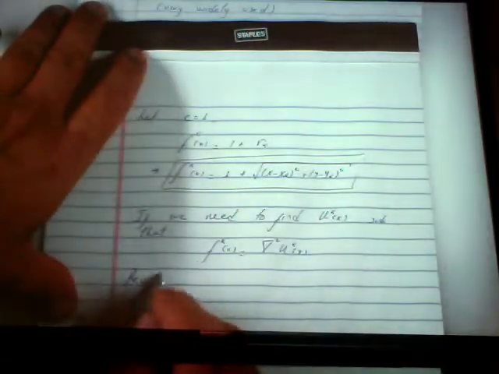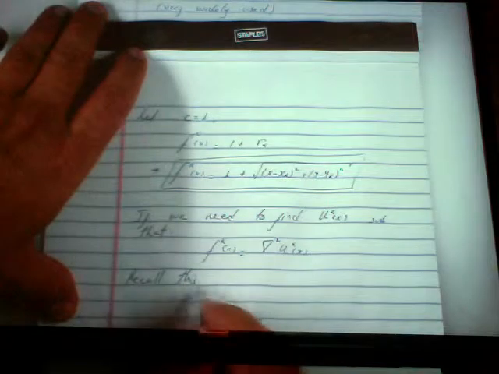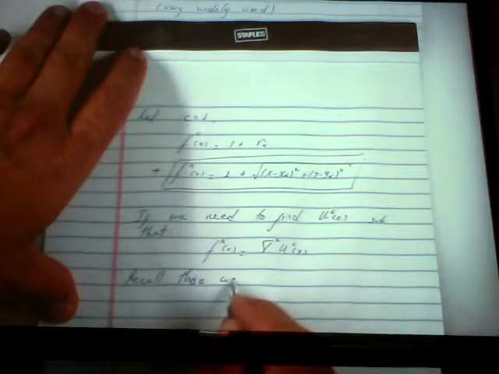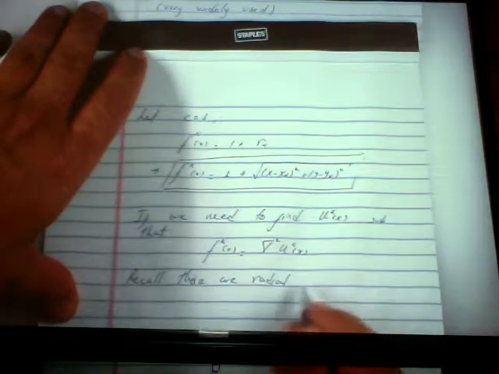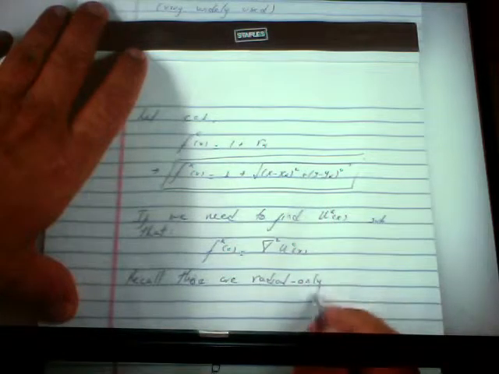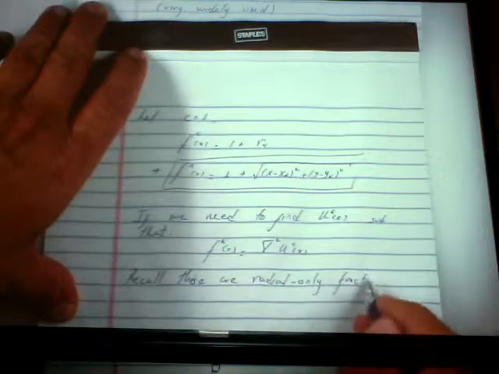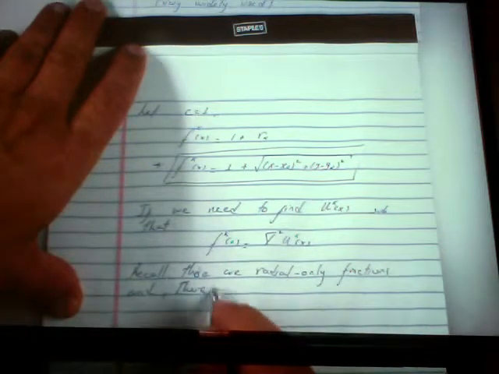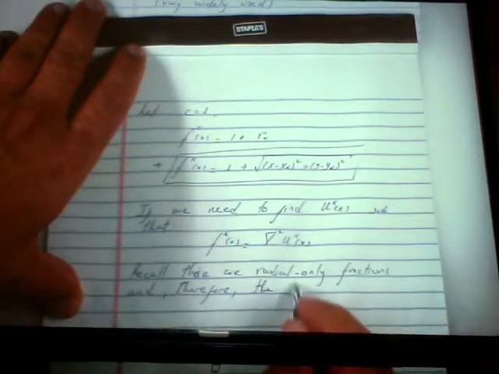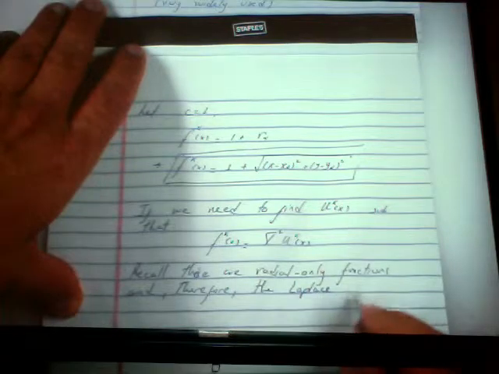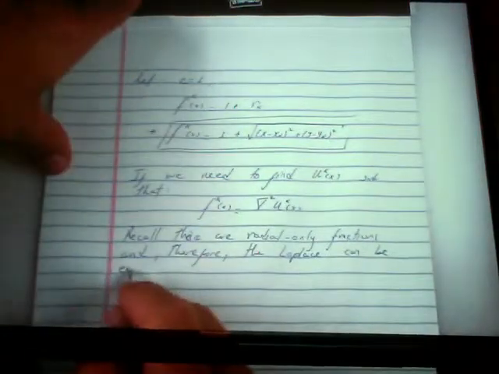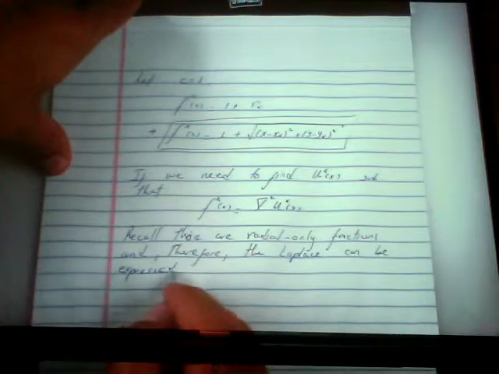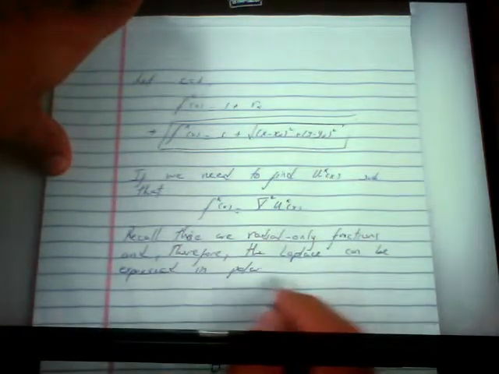Recall, these are radial only functions, and therefore the Laplace can be expressed in polar coordinates.